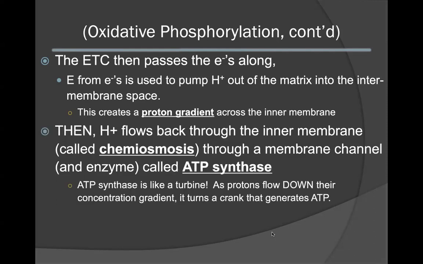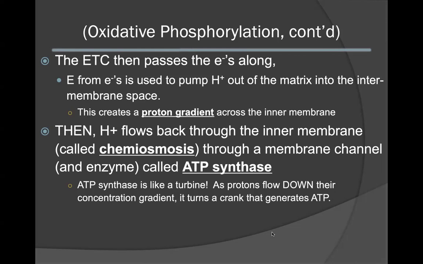Once we have that gradient established, those protons are going to flow back through the inner membrane. So they're going to flow from the intermembrane space back into the matrix. They're going to do this through passive transport because they're going from an area of high concentration to low concentration. This is called chemiosmosis. This is where ATP synthase, an important enzyme that is involved in ATP synthesis, is going to take advantage of that proton gradient.